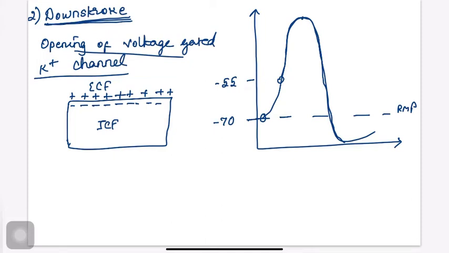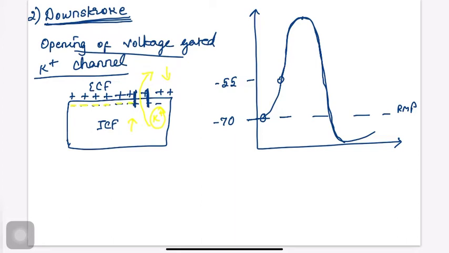When the potassium channels open, as we already saw, potassium concentration is more in ECF and low in ICF. So there is a concentration gradient for potassium from ICF to ECF, and there will be potassium efflux. As potassium is positively charged, loss of positive charge from the interior of the cell makes negativity more.